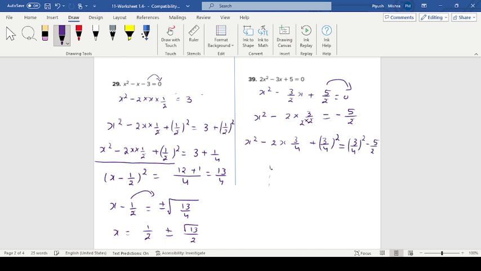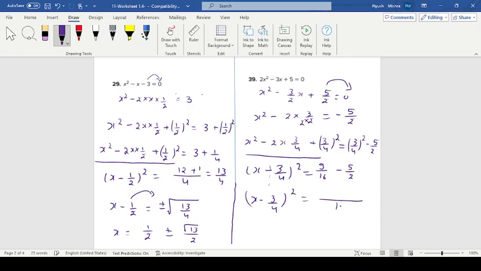Solve it further, so you will get this. You can write (x − 3/4)², and further solve it, it will give you 9/16 − 5/2. Again I am doing the next step, (x − 3/4)² is equal to, take LCM, it will be 16, it will be 9, and it will give you 40.